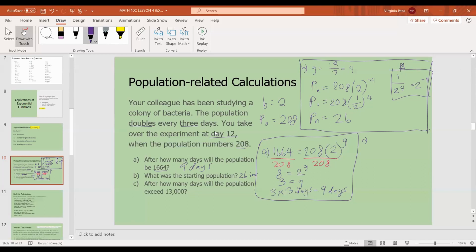You could have actually drawn a table for the other two parts of this question as well, but it would take a lot more time than it would have with just an equation. So let's try drawing out a table. In this table, we're going to need a value for cycles.